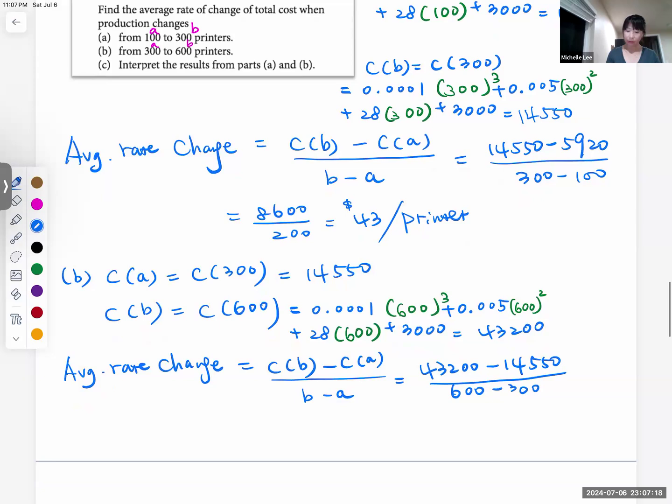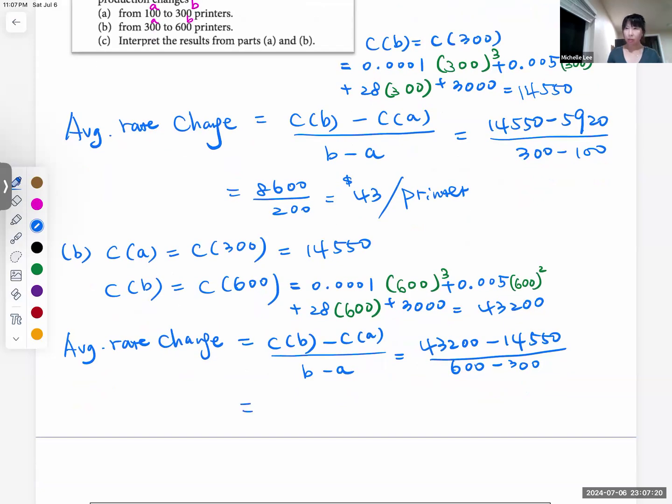So we have 28,650 over 3, which is the money, $95.50 per printer, right?